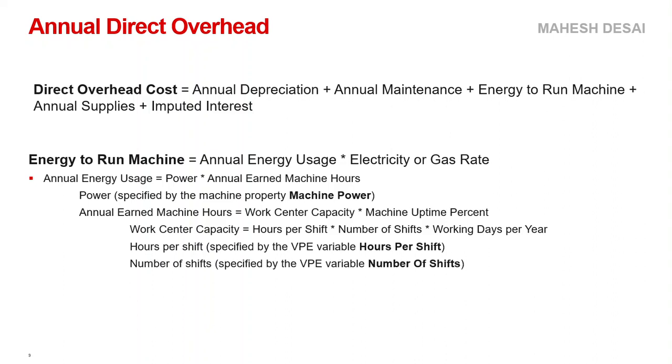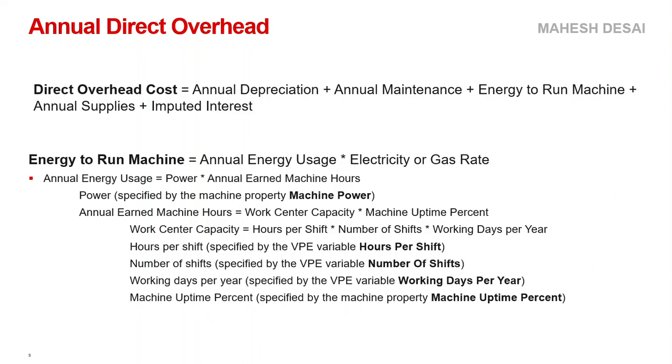To calculate the annual earned machine hours, we take the work center capacity: how many hours per shift, how many shifts, and how many working days per year. Multiplying these together gives the total number of hours.